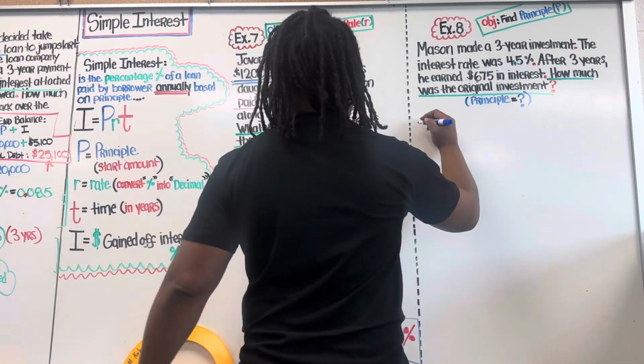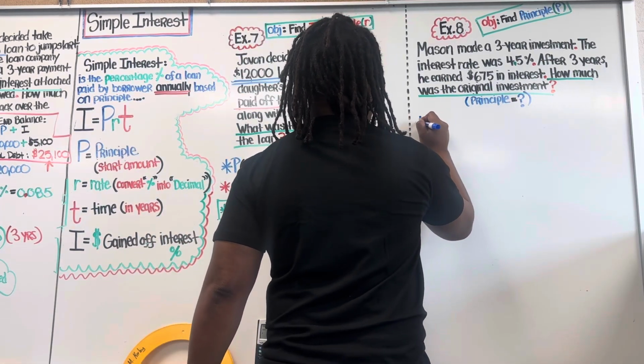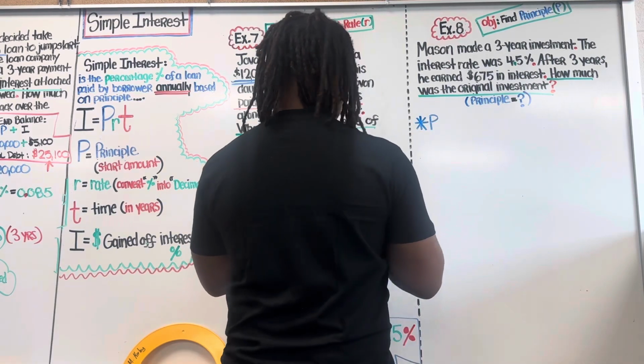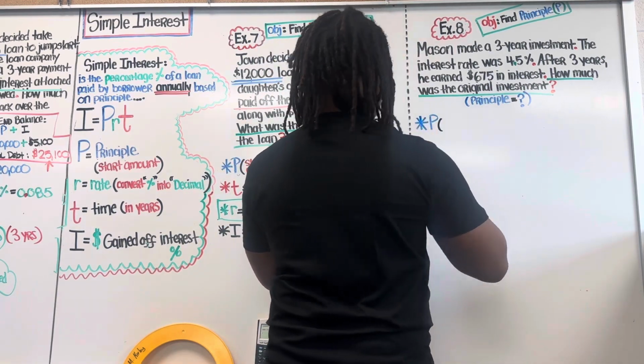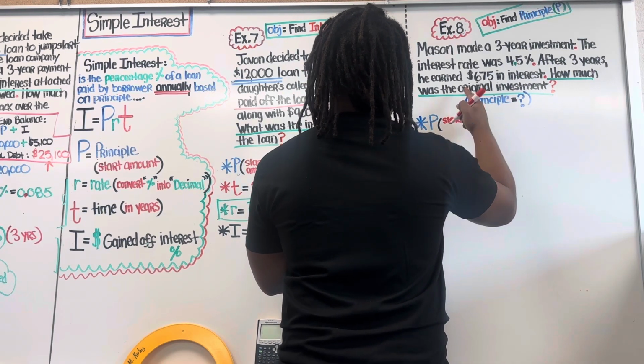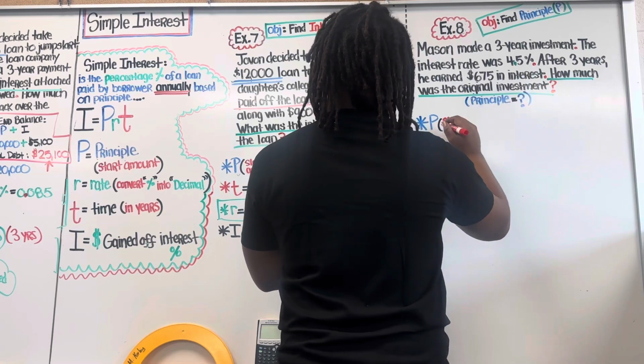So let's start off with what we don't have and are trying to find. We're trying to find P, which is the start amount. P is the start amount, or in this case, the original investment.